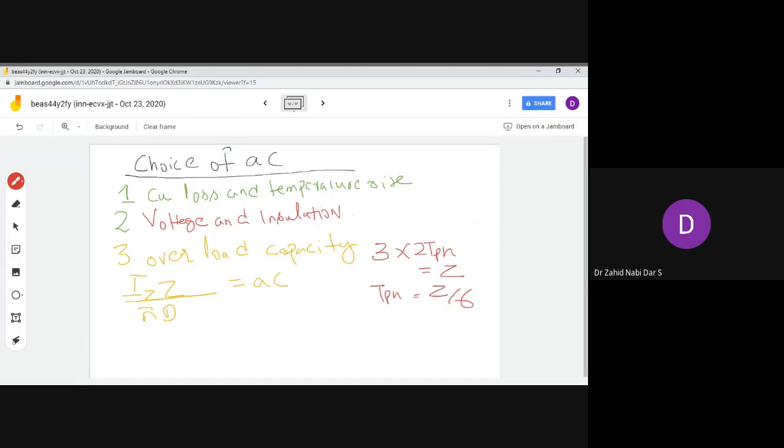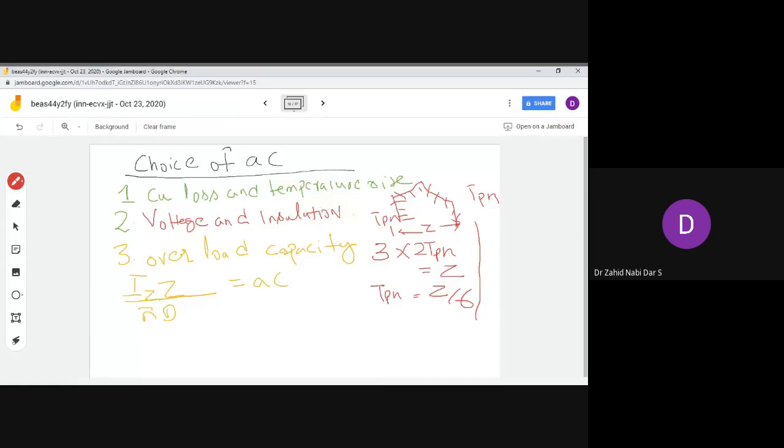See, this is one T phase, this is another T phase, and from here to here it is Z. Here we are interested to know about the three phase induction motor and how the ampere conductors are affecting it.